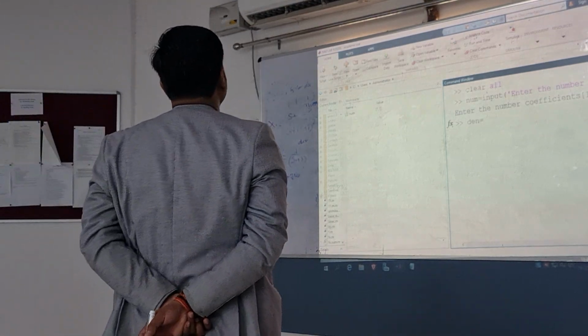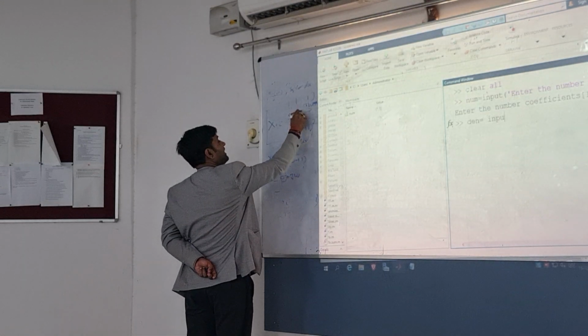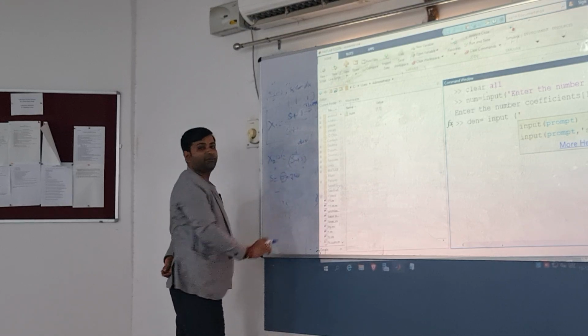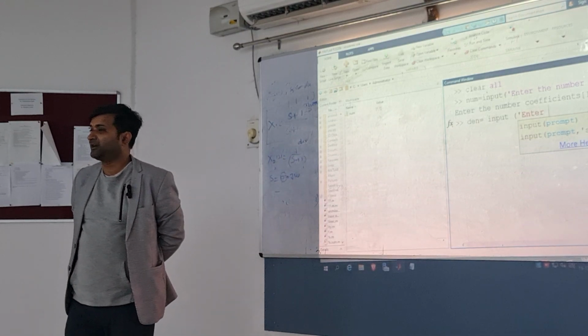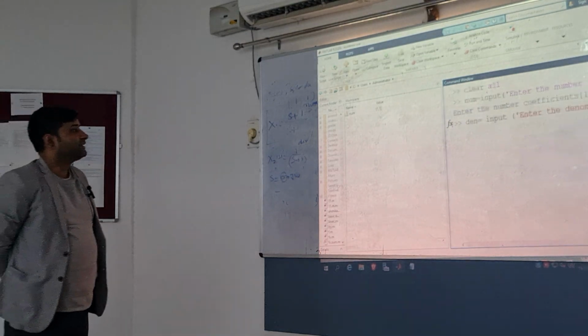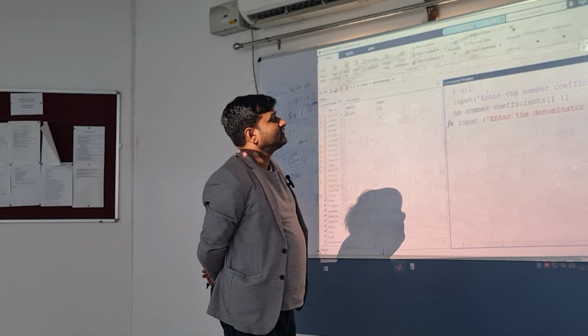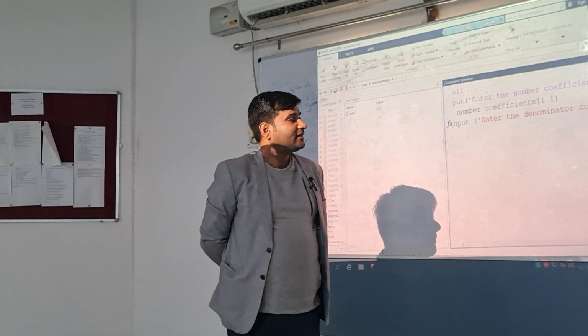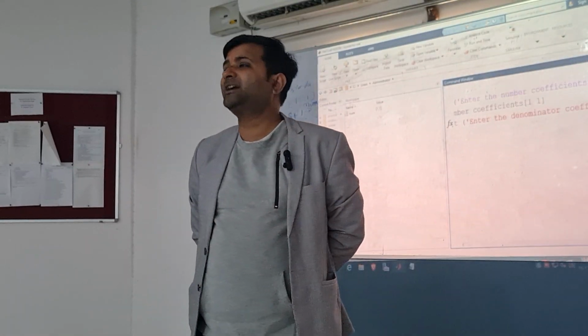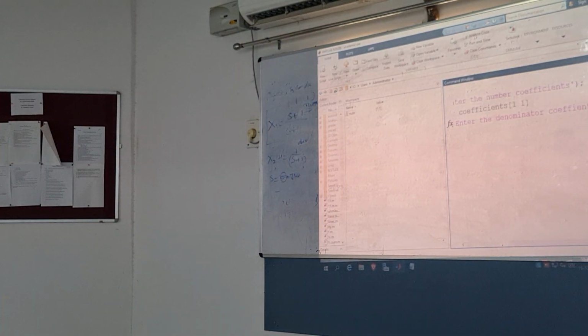Suppose this is x plus 1, this type of function can be written. You have write down the coefficient of numerator. The value of numerator coefficient is written as numerator is equal to denominator coefficient. Enter the denominator coefficient.